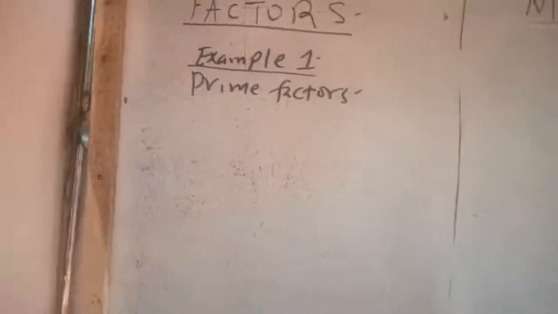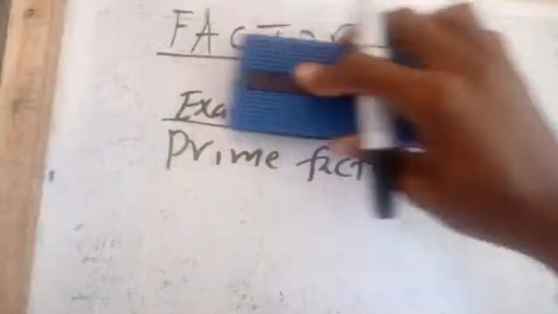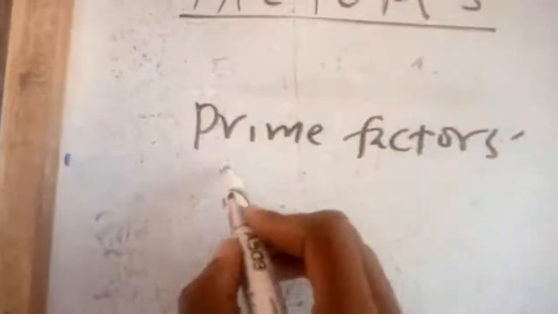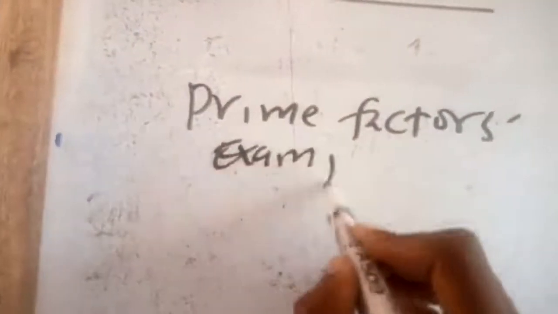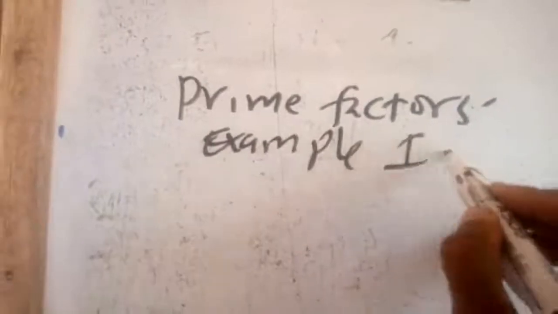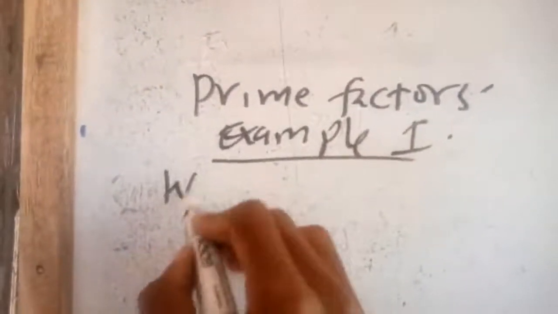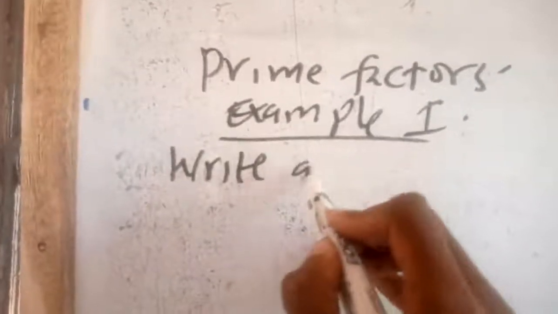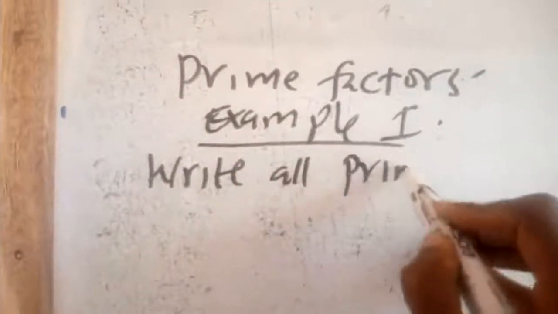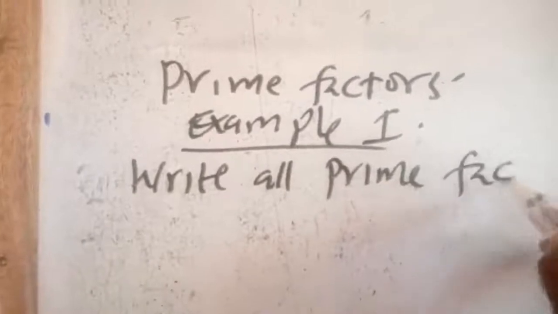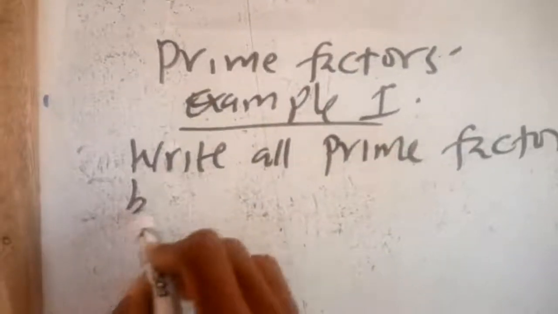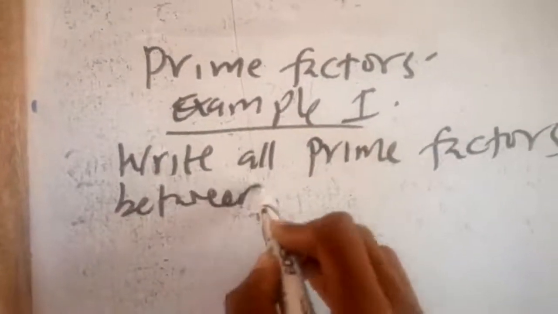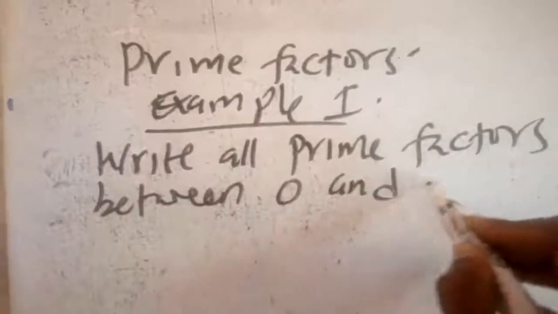Therefore, in this example, as far as prime factors, I can write example 1 below, because the heading is the factors. In example 1 you are supposed to write all prime factors between 0 and 20.